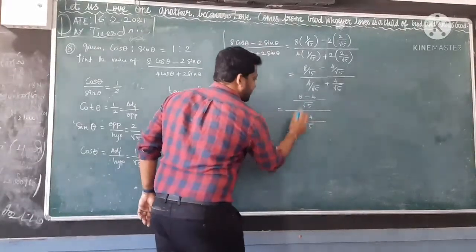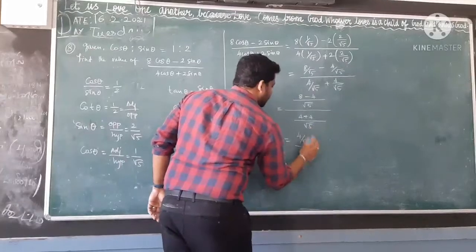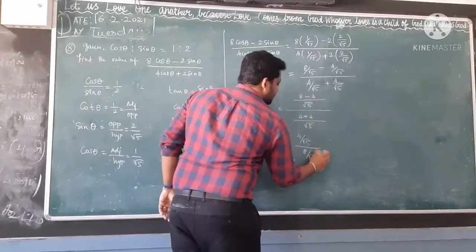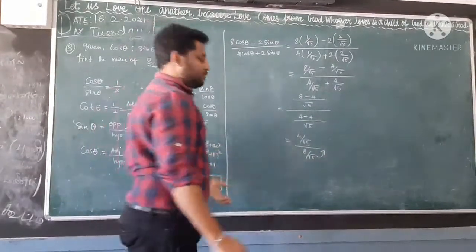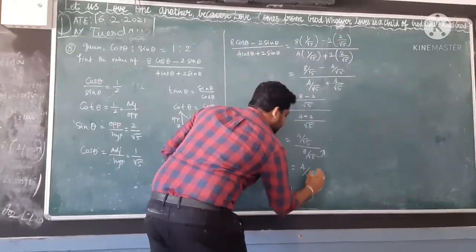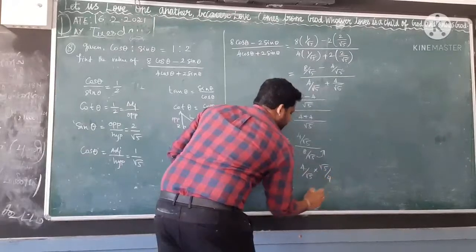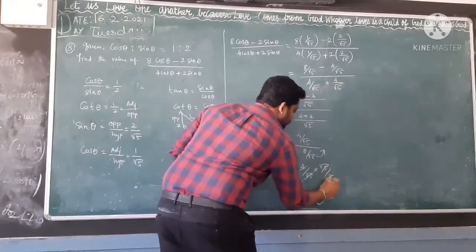This is equal to 8 minus 4 is 4, 4 divided by root 5, the whole divided by 4 plus 4 is 8 divided by root 5. 8 divided by root 5 changes into the reciprocal, root 5 divided by 8. So 4 divided by root 5 into root 5 divided by 8. Root 5 cancels, 4 ones are 4, 2 fours are 8.